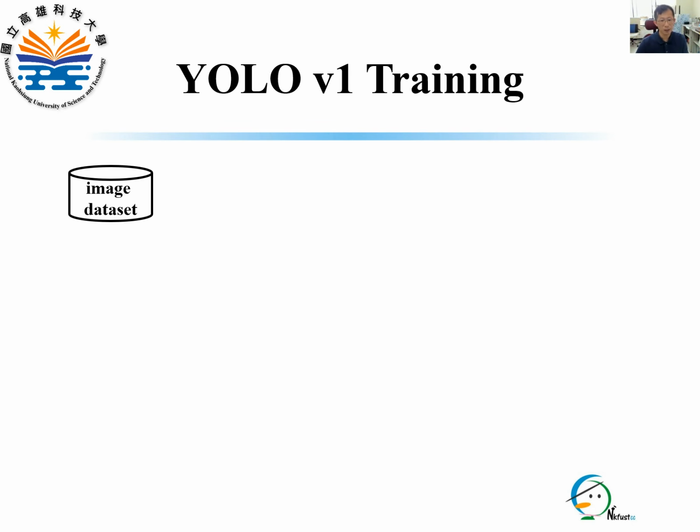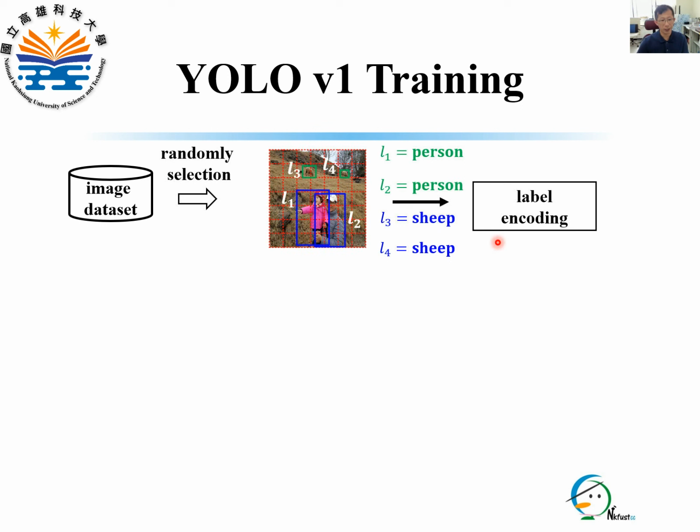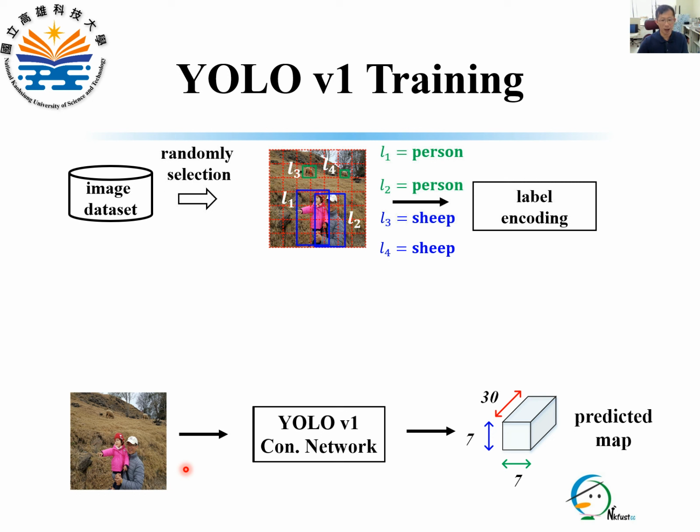After introducing how to detect the objects by YOLO v1, we talk about how to train the YOLO v1 network. For a set of training images, we randomly select an image and encode its ground truth by using the defined anchors. At the same time, the selected image flows through the YOLO v1 network to predict a 7x7x30 feature map.